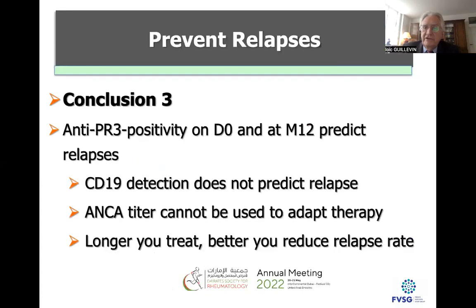It is brilliant, but there is a problem. The problem is rituximab, because if you treat patients during all life because there are relapses, there is a high risk of side effects and mainly infections. And we have observed that with the COVID pandemic. And I will come back on this point later.